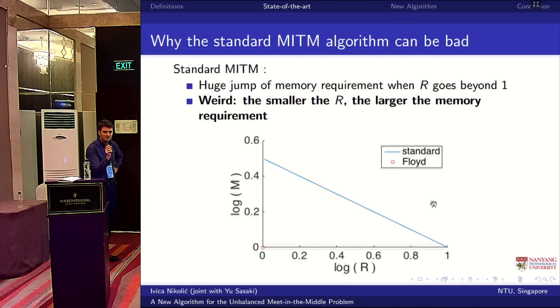It's kind of counterintuitive. The larger the ratio between the two functions, the less memory we need. So imagine one of the functions is only 4 times more expensive, and then in order to produce the collisions in optimal time, we need square root of n memory. Okay, so because of this kind of discrepancy, we are trying to come up with a new algorithm.